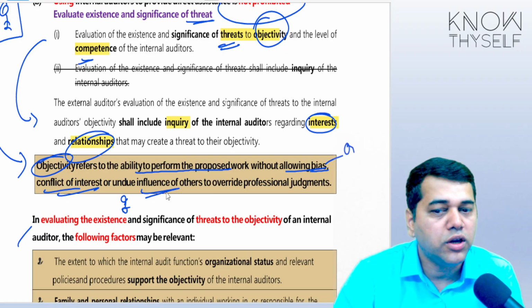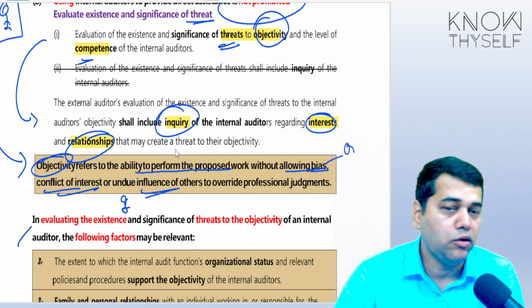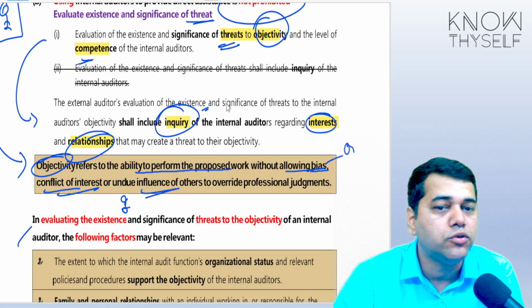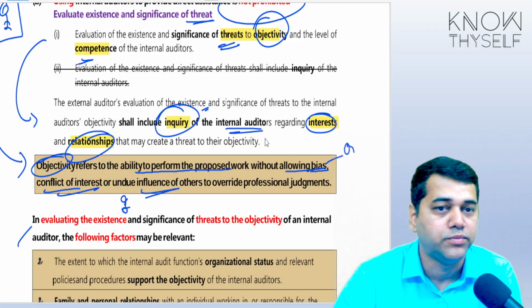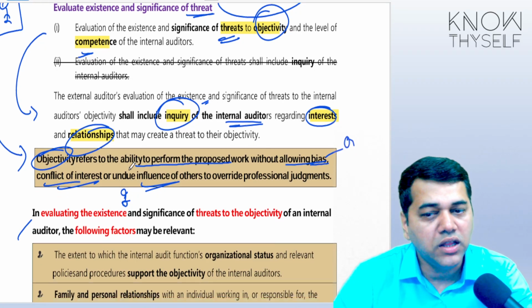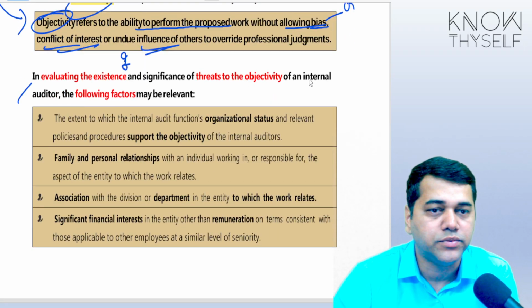Now, what to inquire to know whether there is any threat? First question: how to know whether there is a threat? The only way you can do it is by inquiring with the internal auditors. Like, do you have any threat to objectivity and competency? Now, what are the factors you need to evaluate? Evaluation of significance of threat to objectivity. You need to evaluate the following factors.